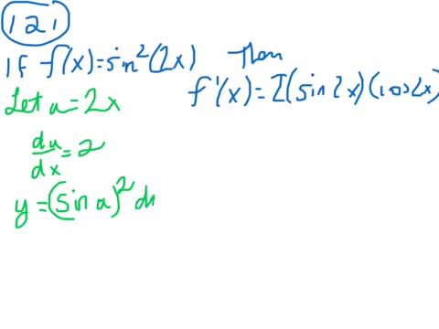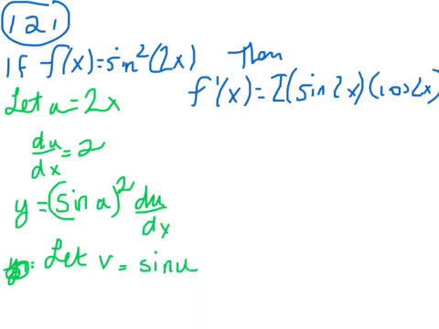And then du dx. Now, if I take the derivative of this, I've got to use the chain rule again because now I need, let's pick another variable. Ooh, this is going to get confusing. Let's let v equal sine u. The derivative of v is going to be negative cosine u, right?